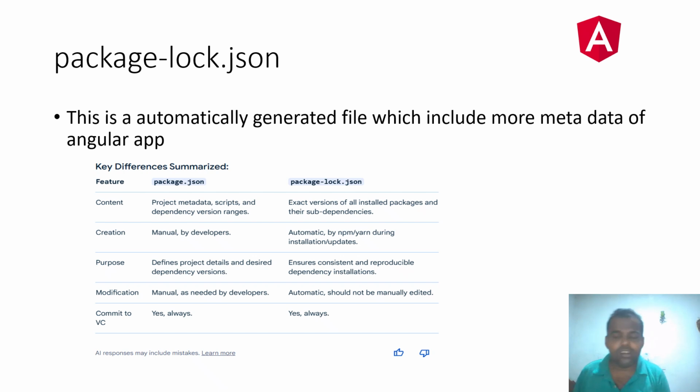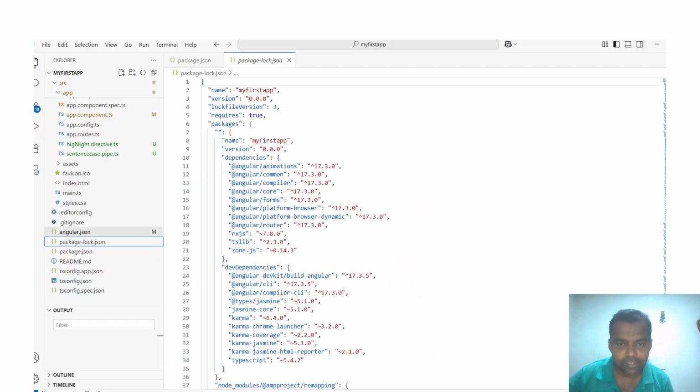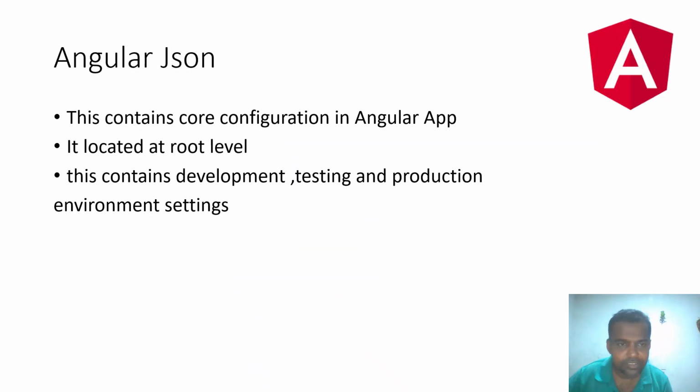It contains all the dependencies and the metadata. Here you can see the difference between package.json and package-lock.json. Here you can see all the metadata in package-lock.json.